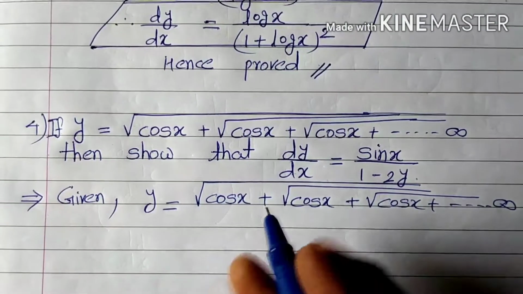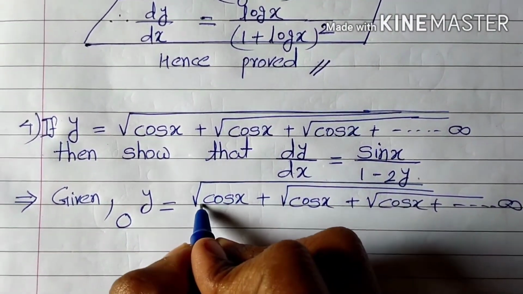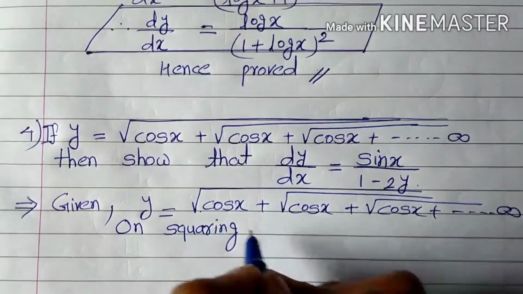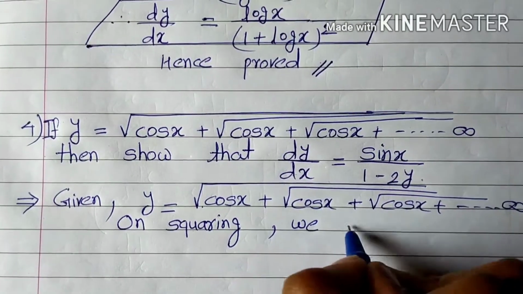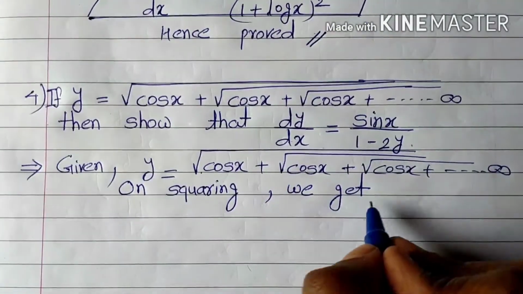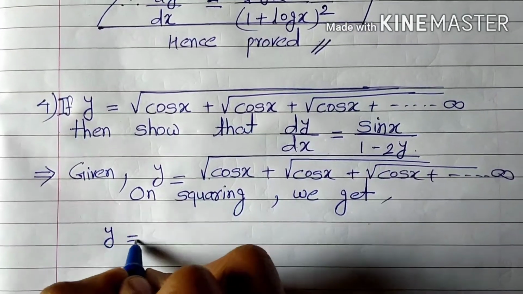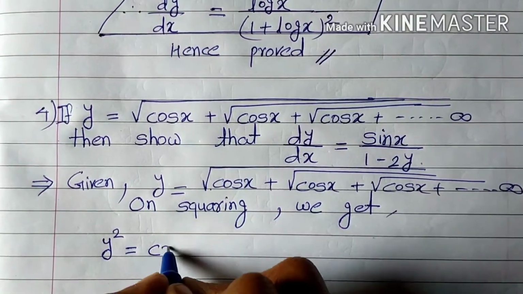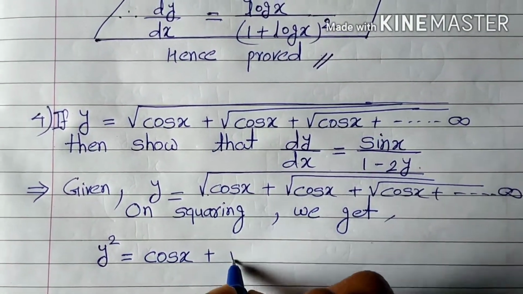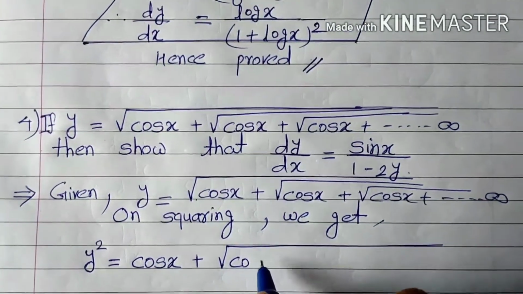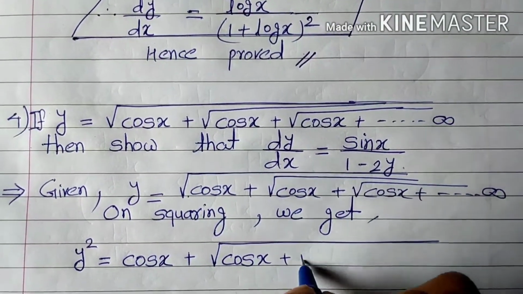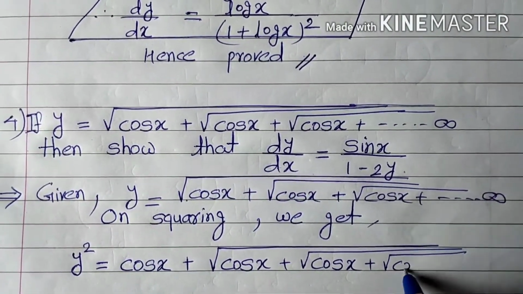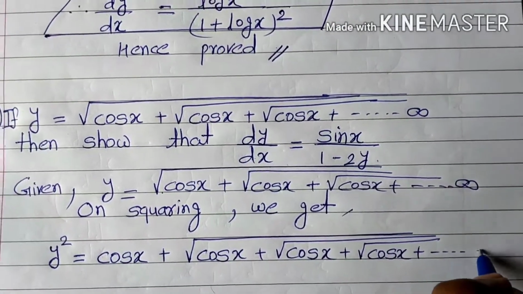So first squaring it. On squaring, its square root becomes cancelled and it will become y square. So we get cos x plus under root of cos x plus under root of cos x plus under root of cos x plus up to so on infinity.